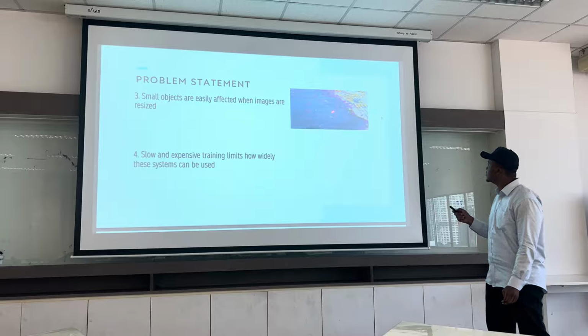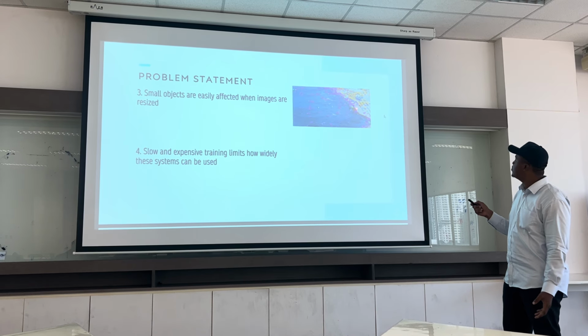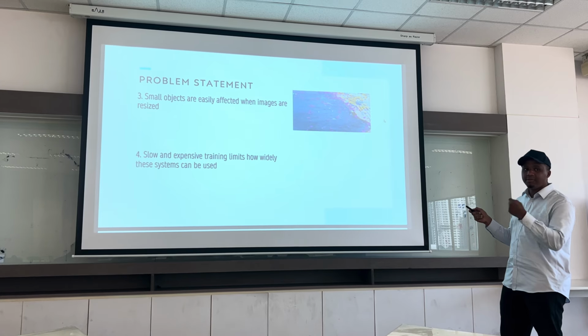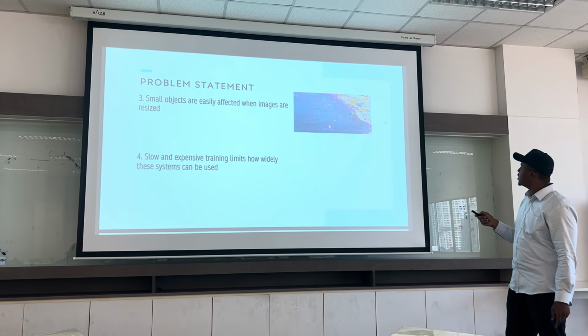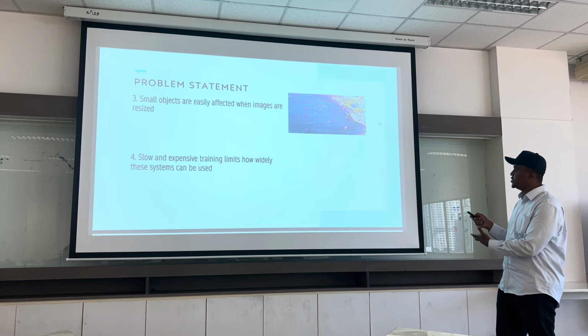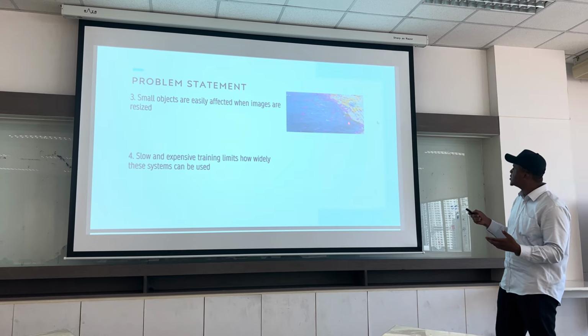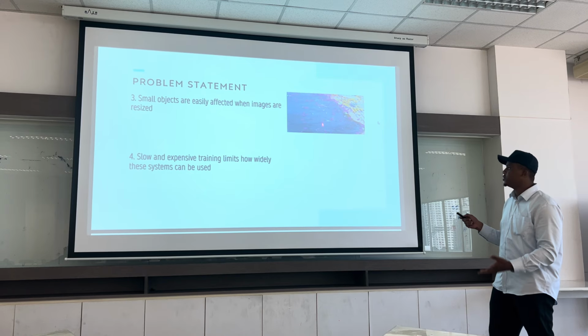So let's say you have this image here with a lot of objects on it. The purple color you're seeing is the label of the object. If you now reduce the quality or resize this so that you can have a faster training time, it would affect the detection accuracy as well.